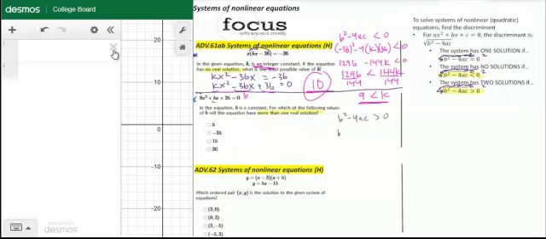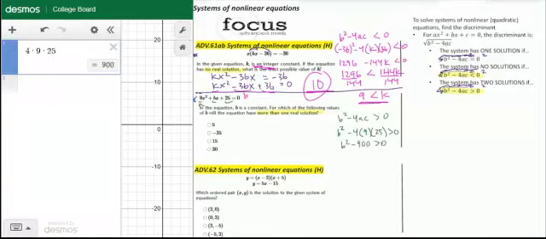Our b value is unknown, so it stays our variable, times 4 times our a value, which is 9, and our c value is 25. That's all greater than 0. And so if I multiply those through, 4 times 9 times 25, I get b squared minus 900 is greater than 0.